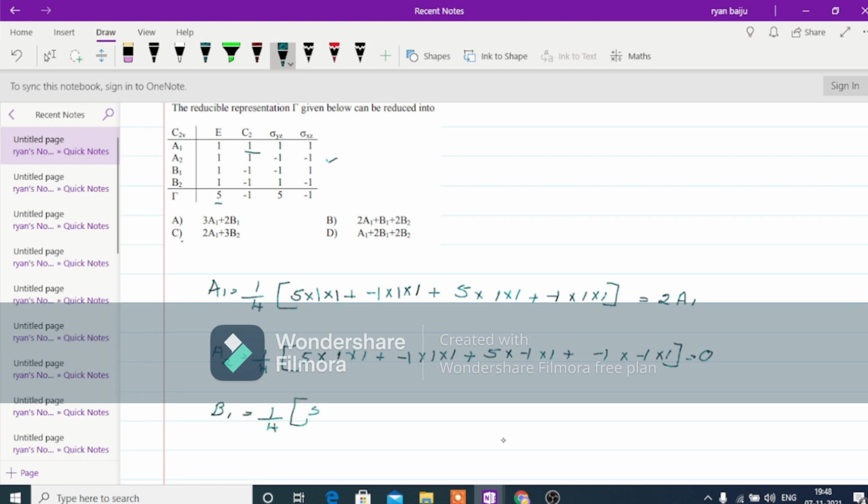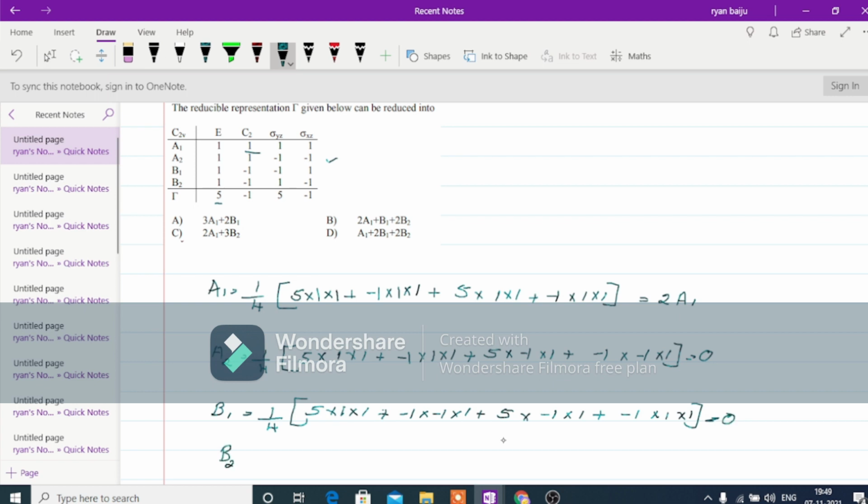Here 5 into, third row we have to consider. 5 into 1 into 1 plus -1 into -1 into 1 plus 5 into -1 into 1 plus -1 into 1 into 1 is equal to 0.